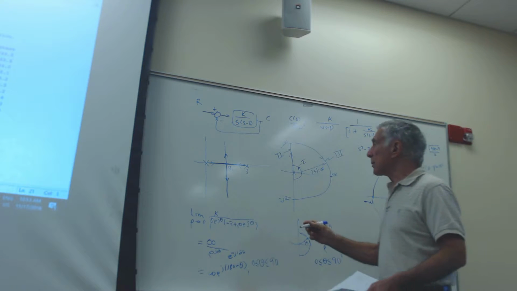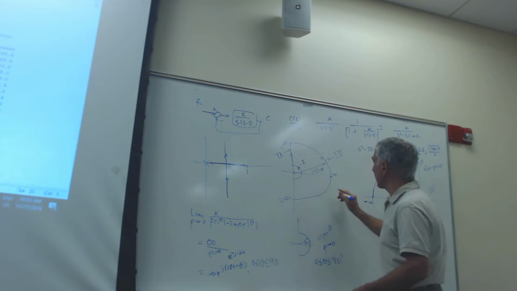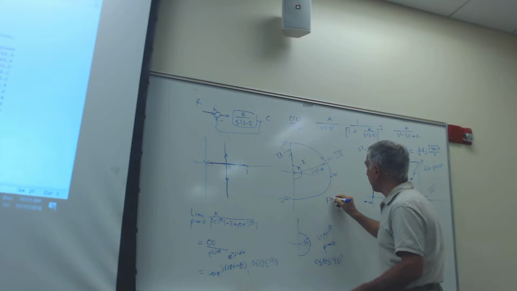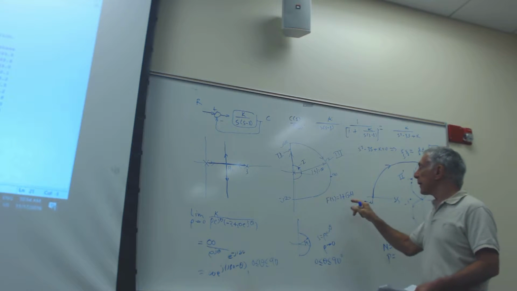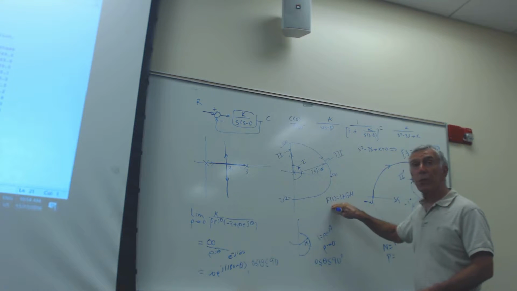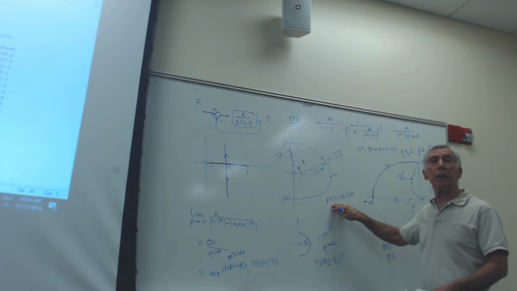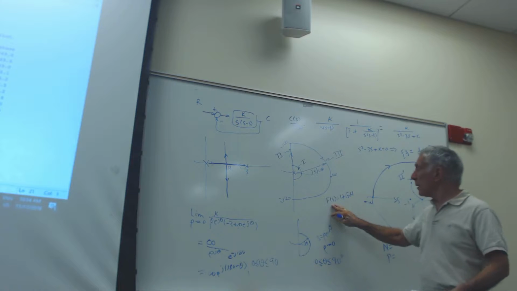We started out by considering the mapping from this contour to the F of s plane contour, which is 1 plus GH, and there we considered the net number of clockwise encirclements of the origin.